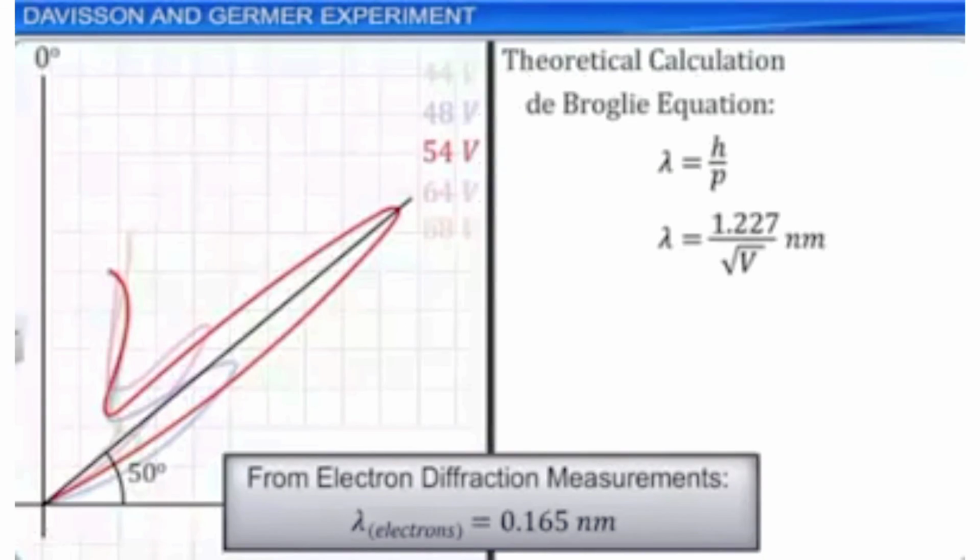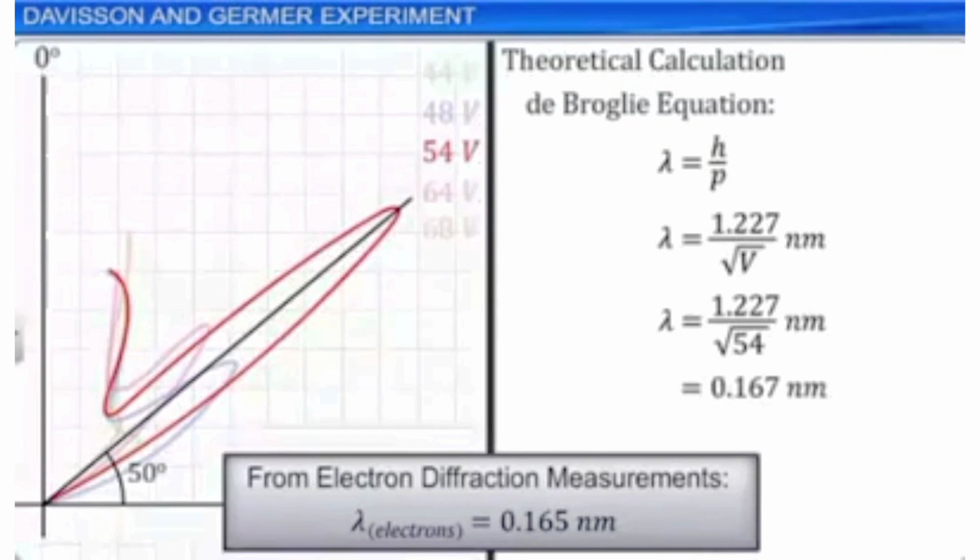In this experiment, for the diffraction of electrons, the peak value of intensity was observed at 54 volt. On substituting this value in the equation and simplifying, we get the associated wavelength lambda equal to 0.167 nanometer.